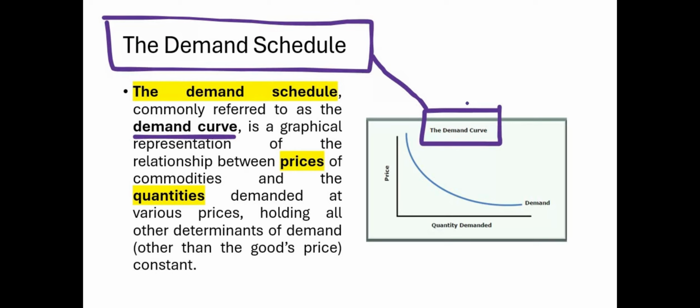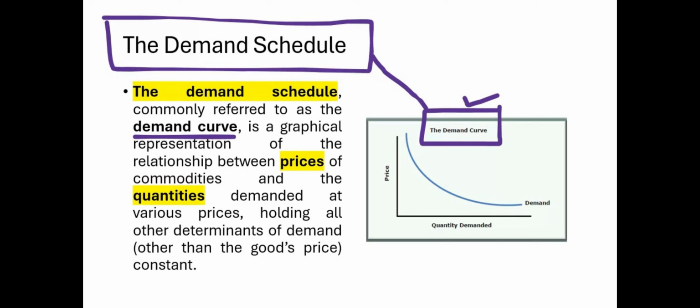However, the demand curve is commonly used. And why is it commonly used? Because if we look here at the blue curved line, which represents the demand, it is curved. That's why they call it the demand curve. So again, what is the demand curve?